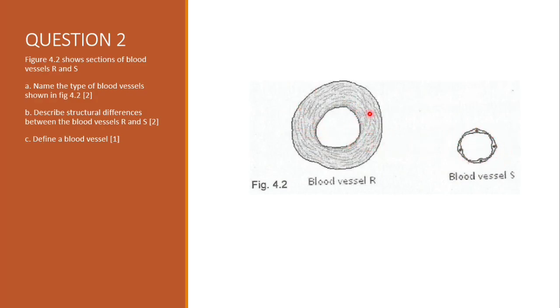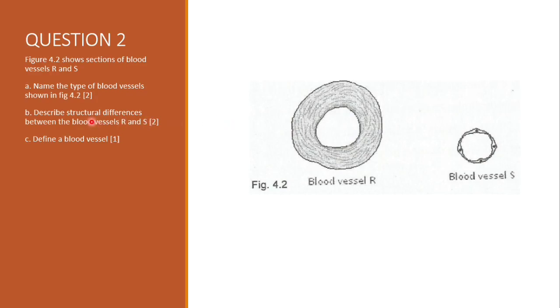So comparing the two, this has got thick walls compared to this one. So this blood vessel here is known as the artery, and this blood vessel is the vein. So blood vessel R, artery; blood vessel S, vein. Hope we are clear on that one.